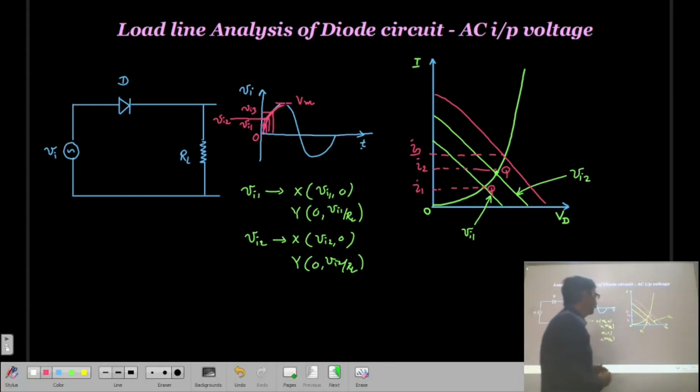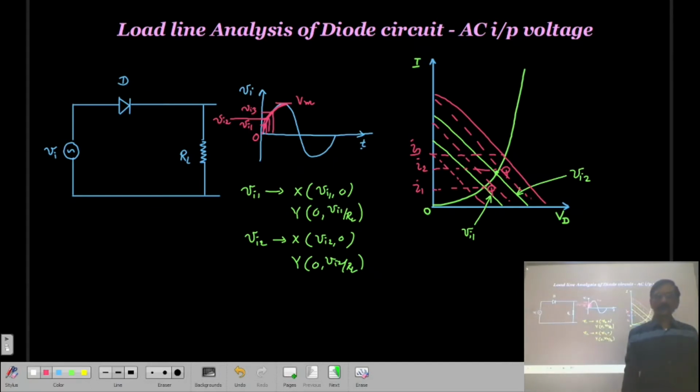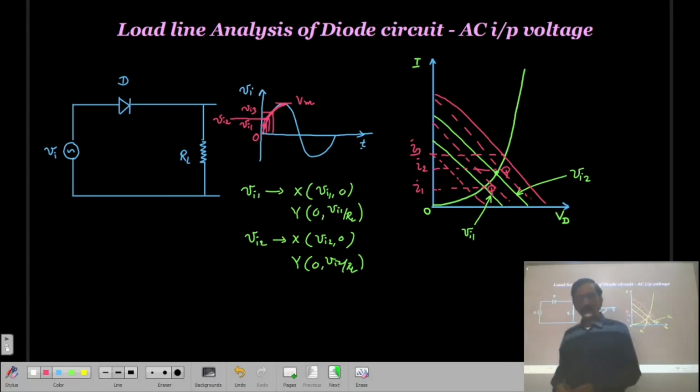And as a result, if we draw a line for each, there will be a large number of load lines. Every time, for whatever voltage you want to find the current, you have to draw a load line and then find out the current.